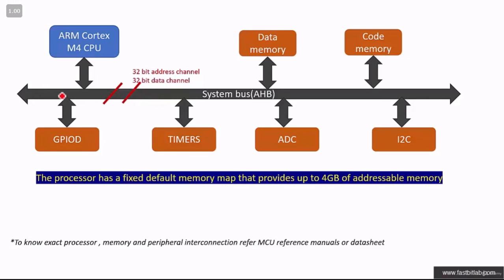That means there is a bus which connects the processor to various memories and the peripherals, and that bus we call the system bus. The system bus has a 32-bit address channel and a 32-bit data channel, or you can call it a 32-bit address bus and a 32-bit data bus. Let's say the ADC peripheral has some data, and that data is stored in one of the registers of the ADC, and now it needs to be stored in the data memory.